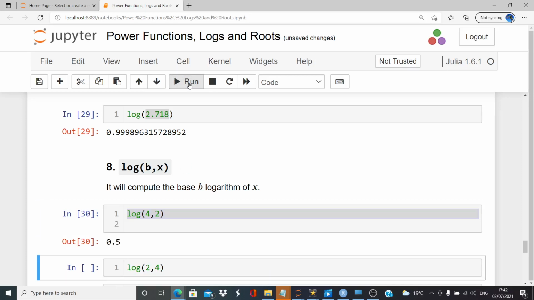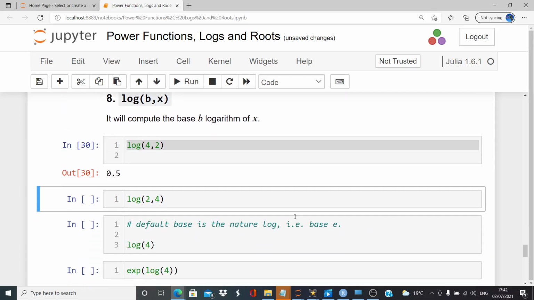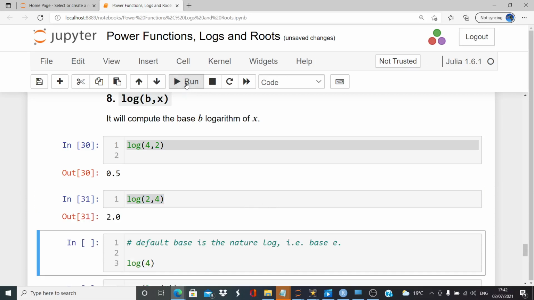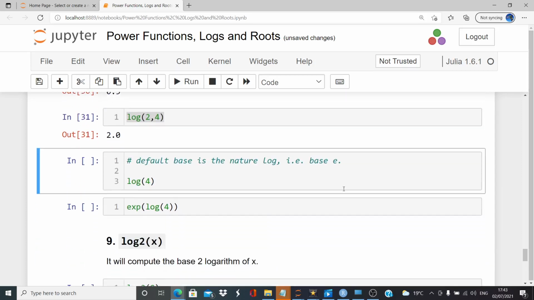Log of 2 to the base 4 is 0.5, and log of 4 to the base 2 is 2.0. You might notice that it comes in the order opposite to the way I verbalized it. The base is first. So watch out for that, particularly if you're used to other programming languages.